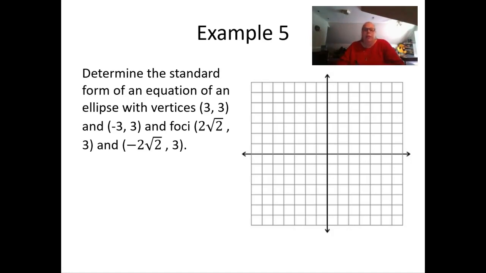Okay, let's graph this. What we do know, we've got vertices at positive 3 and negative 3, positive 3. And the foci are located at 2 times the square root of 2. Let's see what that number is.